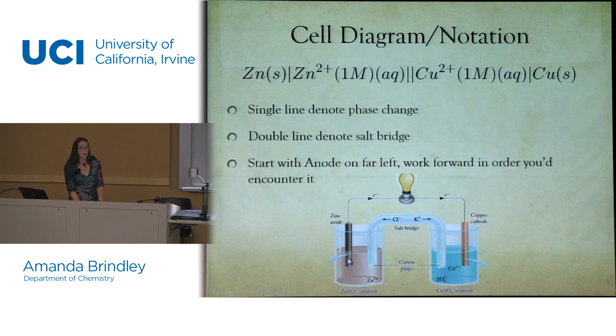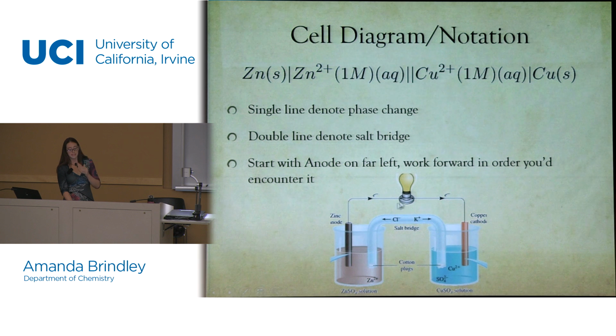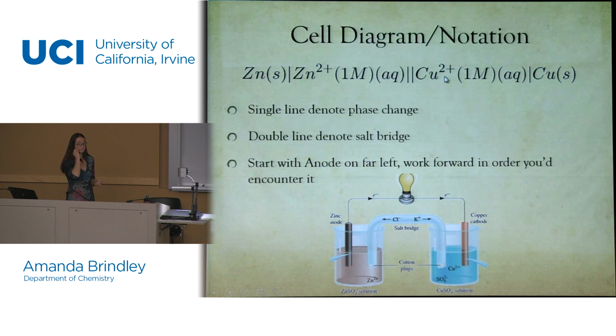So we went from our electrode into our solution. Now we hit our salt bridge, and so we draw a double line. It was only a single line between here and here because that was a phase change. But now we hit our salt bridge, and now we're into our cathode. We go through our salt bridge into our cathode, and the first thing we hit is our copper ions. And so we put our copper ions.